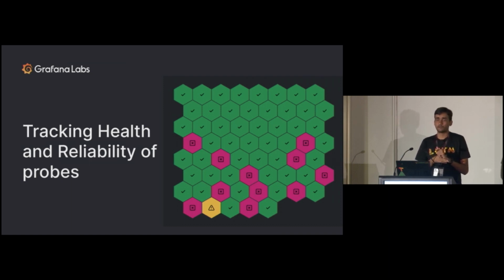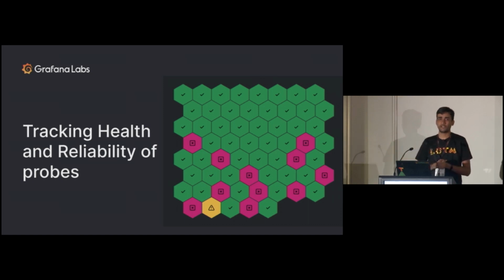So we need to come up with a system to answer this question: was the error that our customer saw because of our problem, or because the service they were trying to monitor was actually down? So for that, we deploy a set of canary checks everywhere.